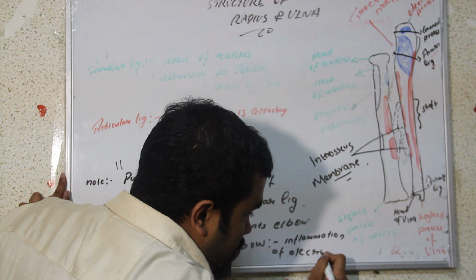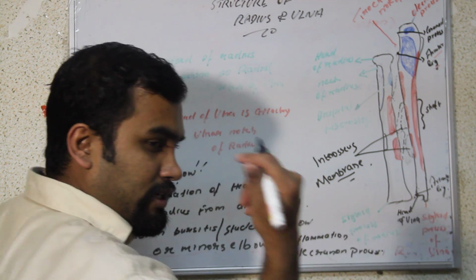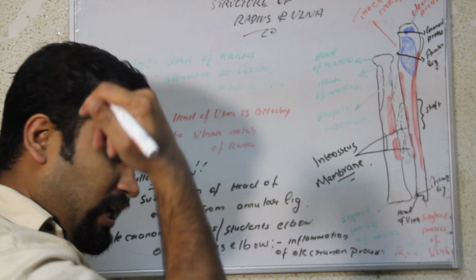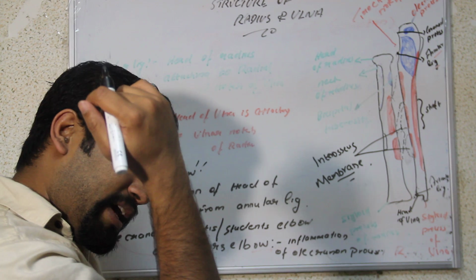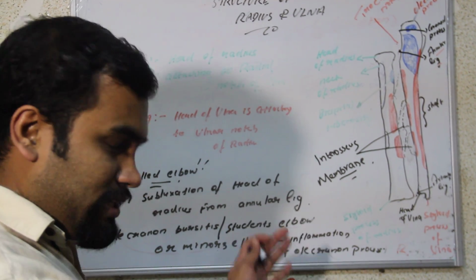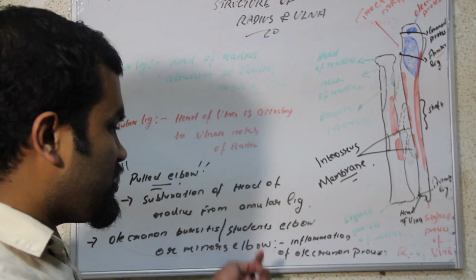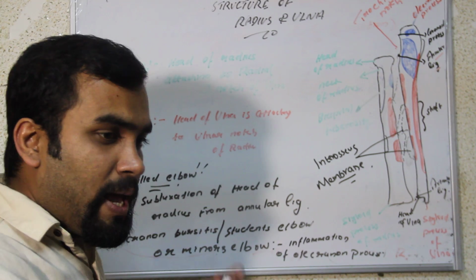Students or miners, while studying or working, have this olecranon process pressed against the surface. As it takes a long time, it will cause inflammation there. It is more common in students, or it is also known as miner's elbow.